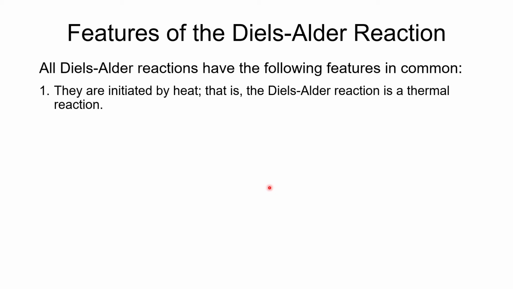Even though they're exothermic, if you don't heat them, it doesn't get over the activation energy. Another feature is that they form six-membered rings. Forming six-membered rings is a very valuable synthetic process. So if you can find a way to form six-membered rings, that is going to help you do synthesis.